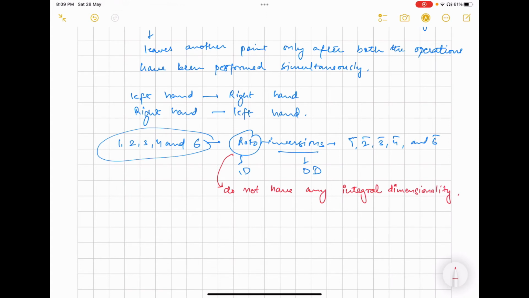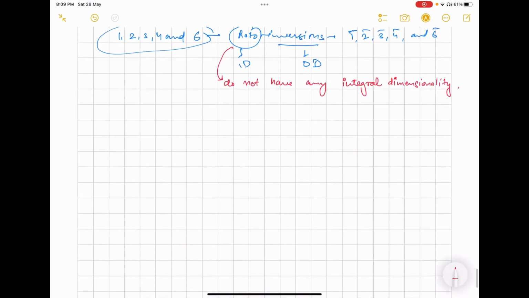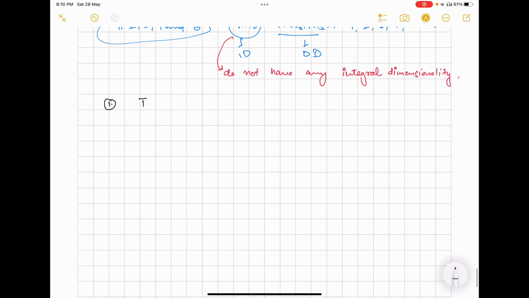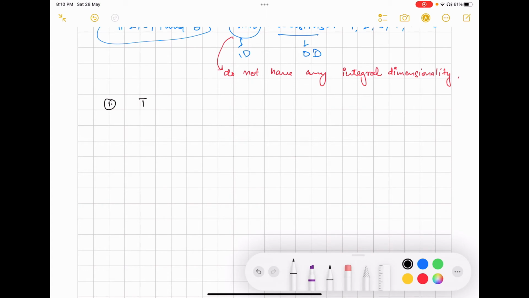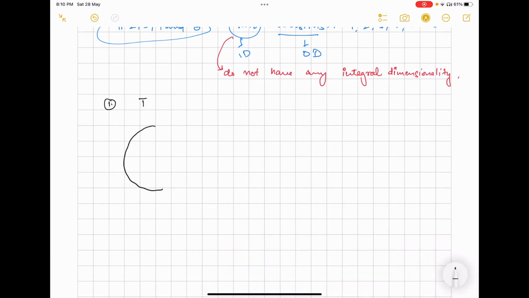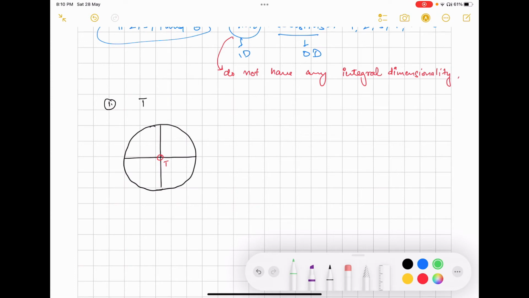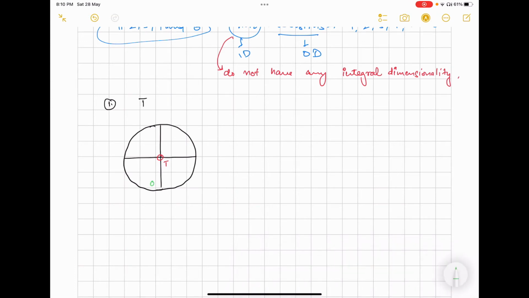Okay, let us look at them one by one. So our first is 1 bar. This is a roto-inversion: one-fold rotation and an inversion. So 1 bar is denoted like this. If you have a point here, suppose this is the point.